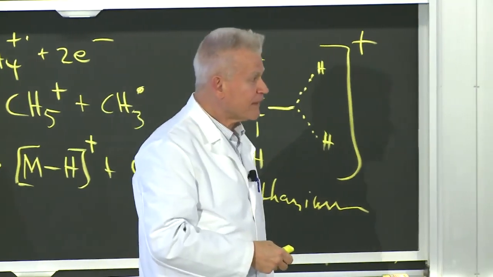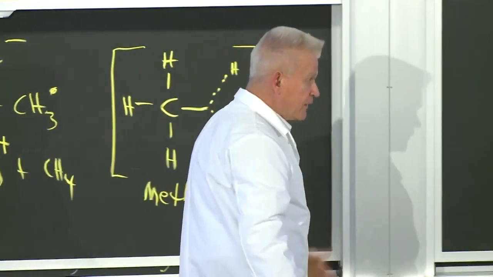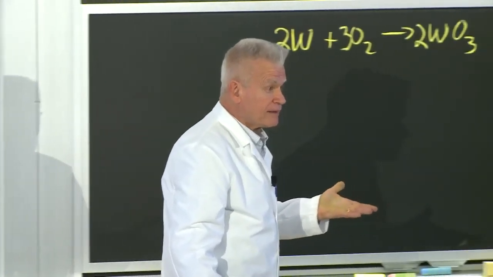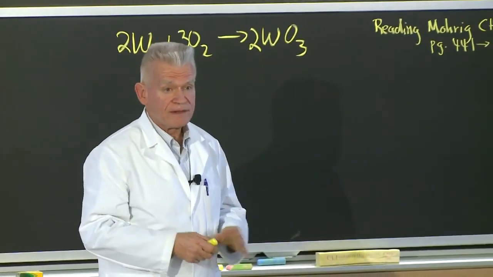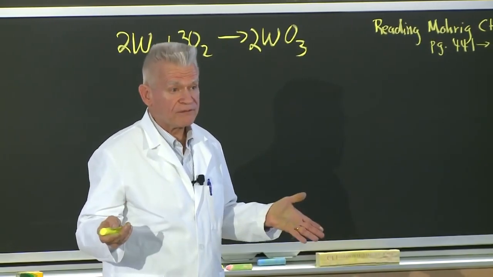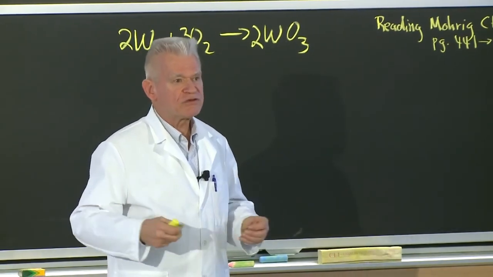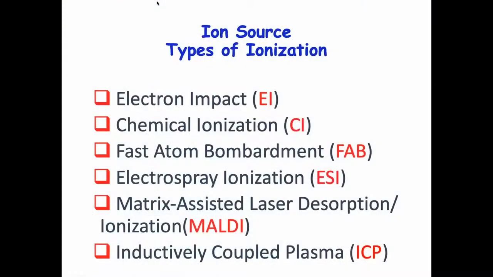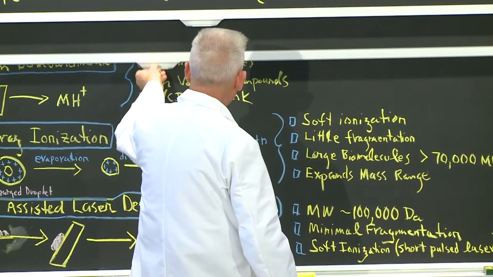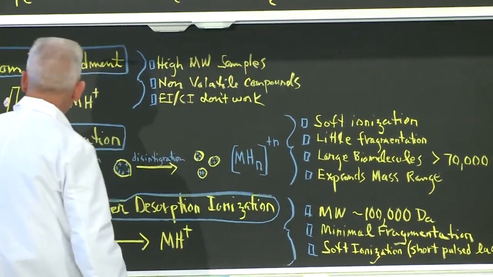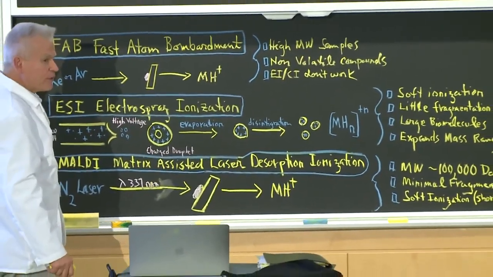So that's chemical ionization. Sometimes electron impact and chemical ionization, both of them won't work for us. We may have a molecule that's too big or too non-volatile. So we go to fast atom bombardment, electrospray, or matrix-assisted laser desorption. Fast atom bombardment is pretty simple.